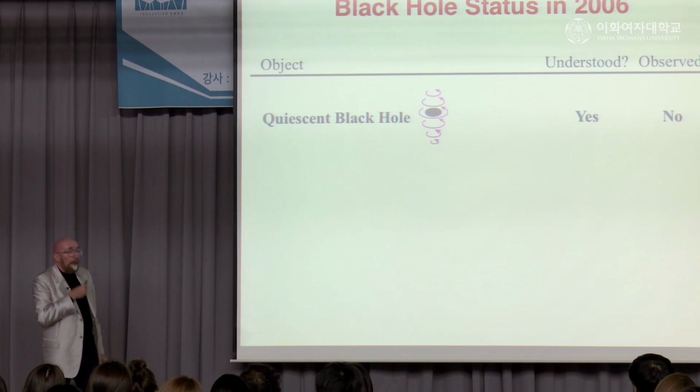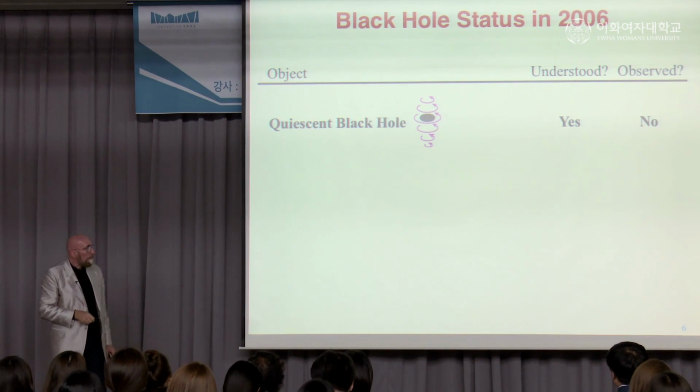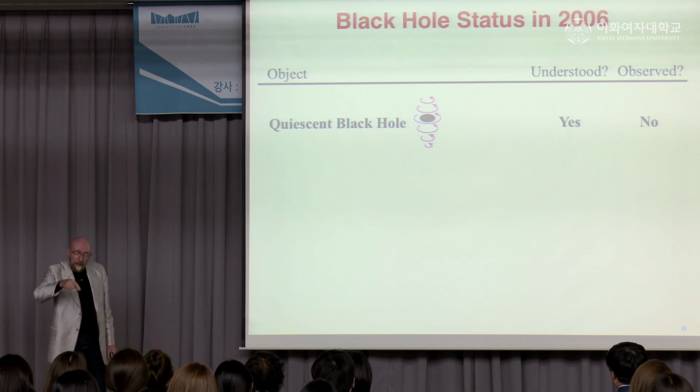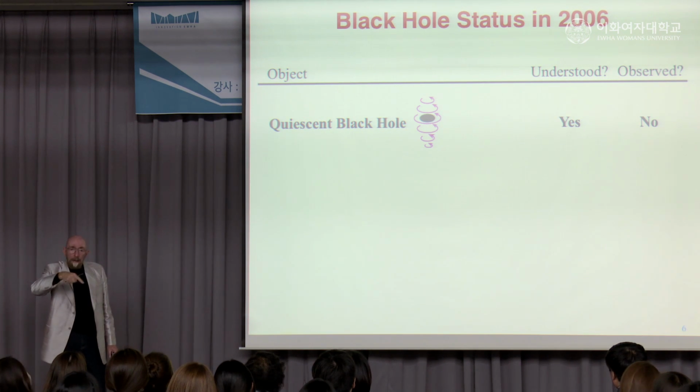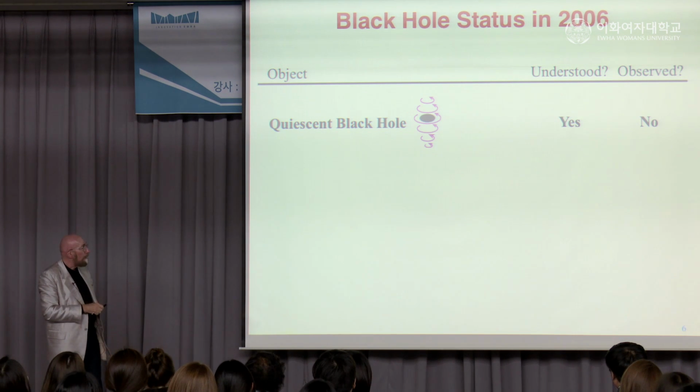Now, in 2006, when I began work on this topic, we knew a lot about quiescent black holes that are just sitting here spinning around and around. We knew the theory of those. It was described by something called the Kerr metric, and we understood that very well.